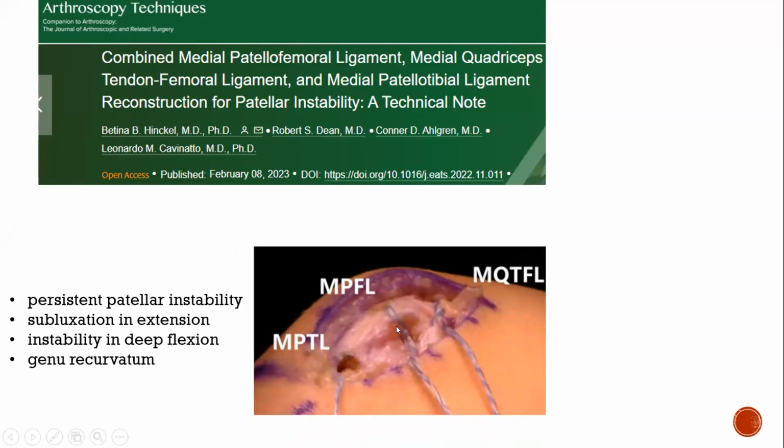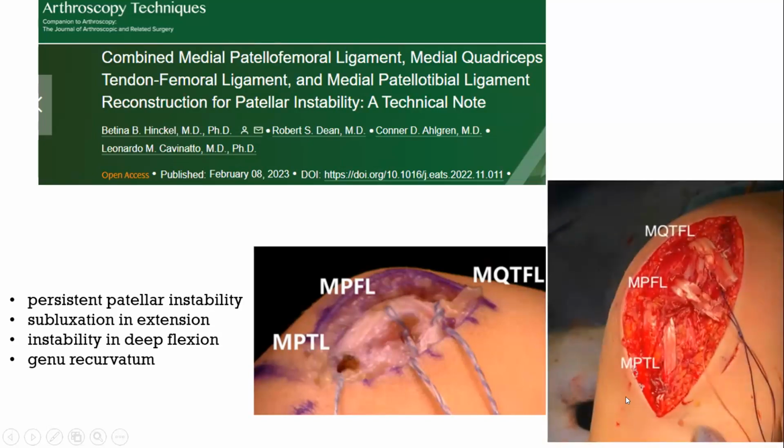Here the tunnel has been drilled from the medial aspect and the anterior aspect, and connected, and it has been shuttled. For medial quadriceps tendon femoral reconstruction, a sling of the quadriceps tendon is formed, and they used an allograft of tibialis anterior. After the final reconstruction, the image is shown in the picture.